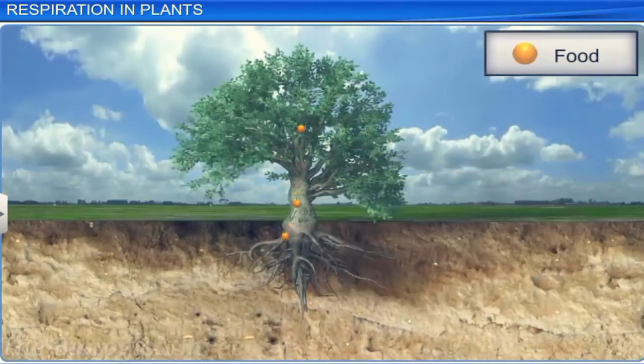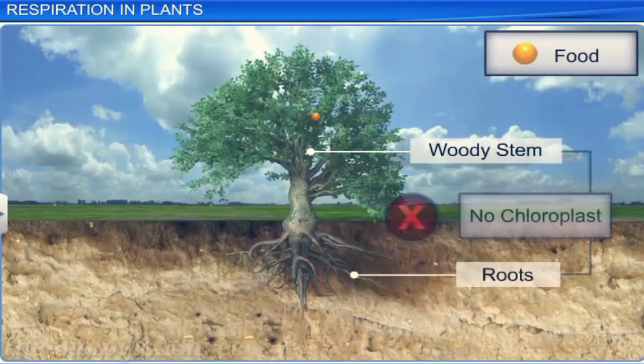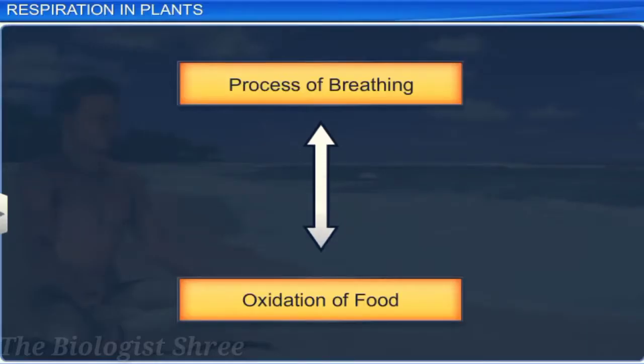All other non-green parts, such as woody stem and roots, don't have chloroplast, and hence they have to be supplied with food from leaves.